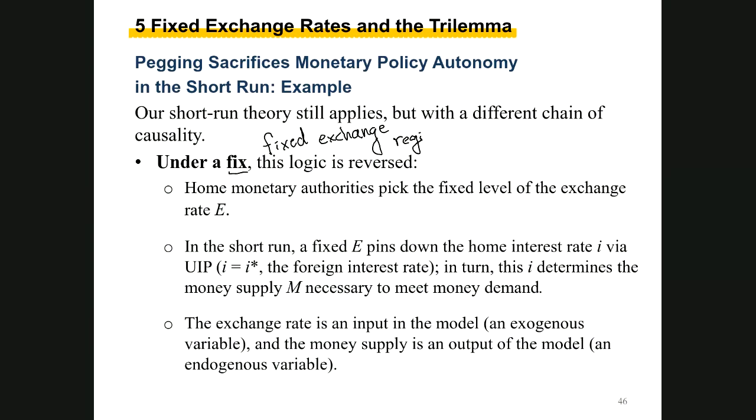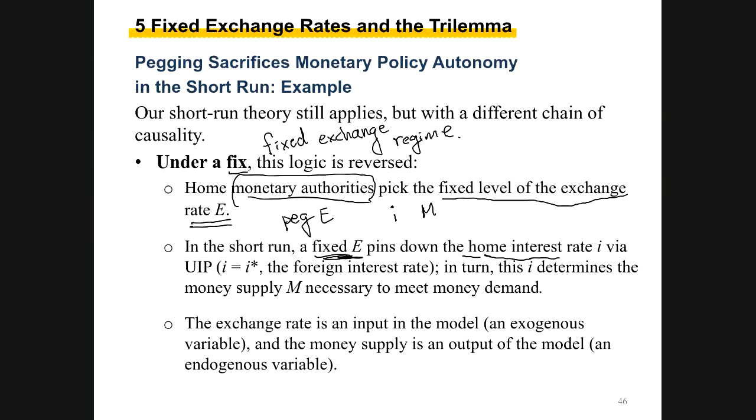Instead of pegging I by controlling M, the monetary authority, meaning the central bank of each country, picks a fixed level of the exchange rate E. So you peg E. By pegging E, in the short run, fixed E pins down the whole interest rate via the UIP, right? So you cannot control your I anymore. If you choose to peg your exchange rate, the UIP tells us you can only control the exchange rate. If you control the exchange rate, I is determined as well.